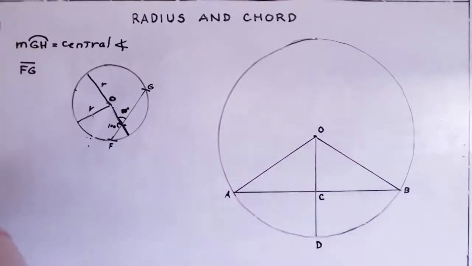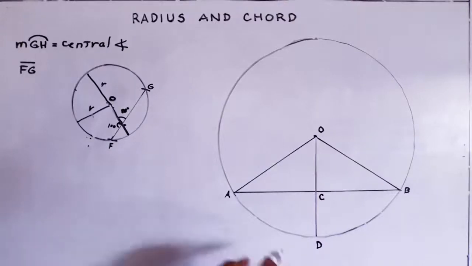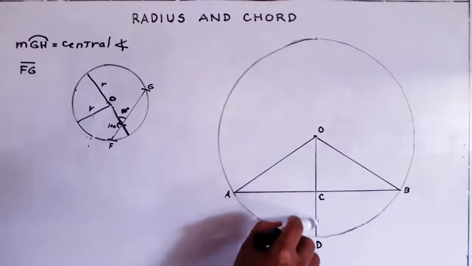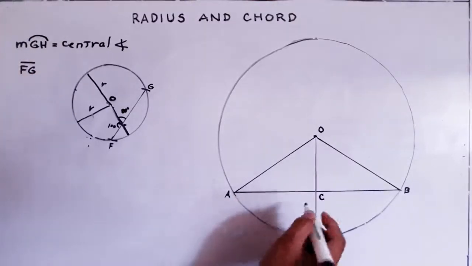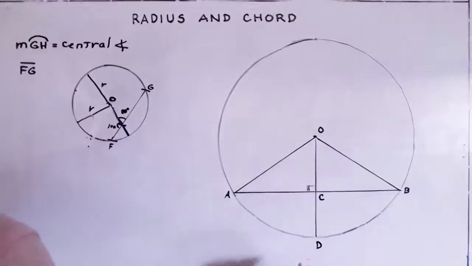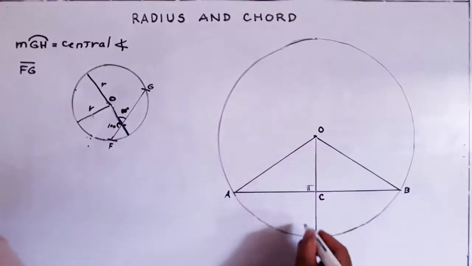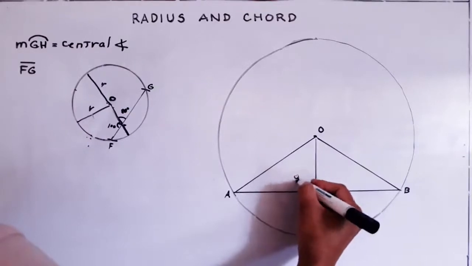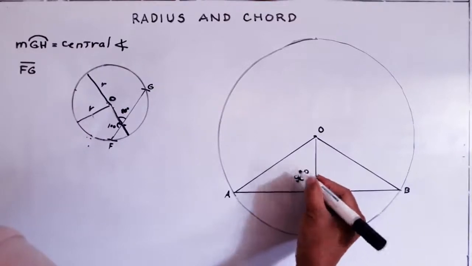AB is our chord, and when the radius is perpendicular to this chord, I'll write the symbol of perpendicularity. This is the symbol of perpendicularity. It means if one line is perpendicular to the other line, the measure of the angle is 90 degrees.